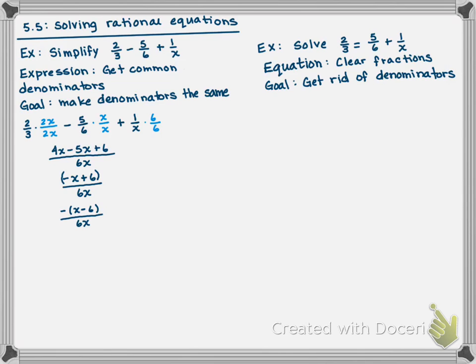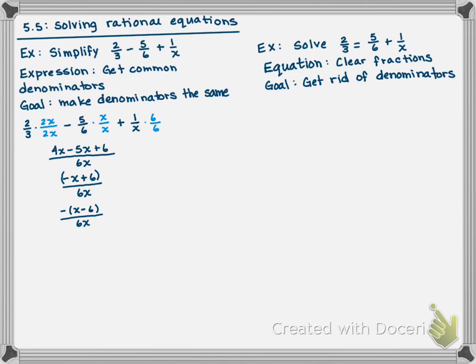So my LCM is going to be the same thing. It's still 6x, but I'm using it in a different way. Instead of trying to make all of the denominators 6x, I'm going to multiply everything by 6x over 1. That's going to allow me to cancel all of my denominators.